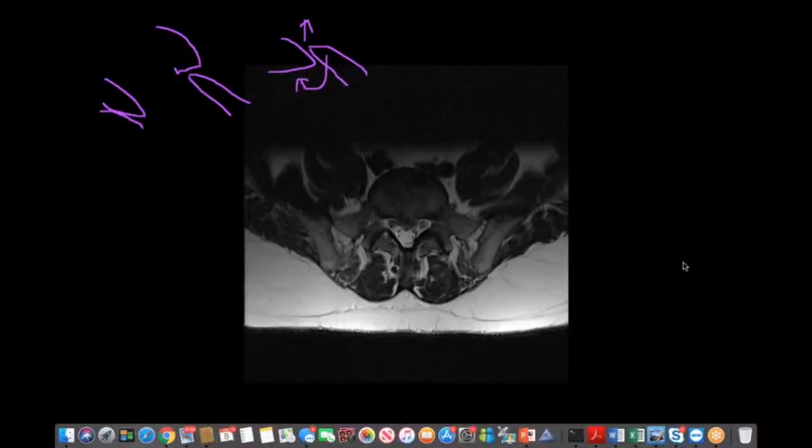The other thing that you can potentially do is give contrast in those cases and see if there is any enhancement. A sequestered disc would usually not show any enhancement, but that can happen with a tumor as well. So it's something that you need to suggest and look for the adjacent signal abnormality within the disc itself.